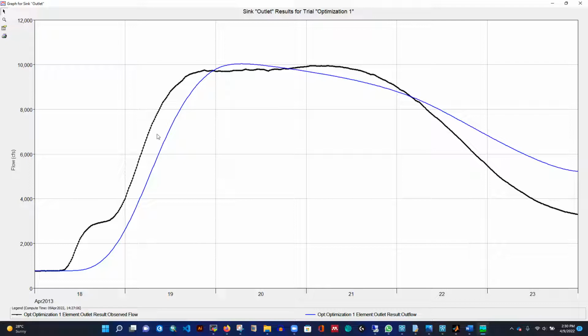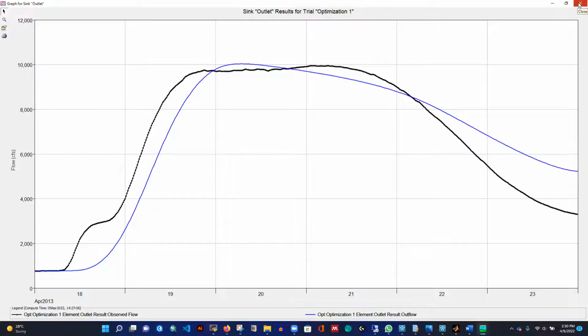So what we'll do next time, we'll use calibration for the Clark unit hydrograph, the transform method, because we need to transform the depth of rainfall into this hydrograph flow rate. So the transform method will do the job.